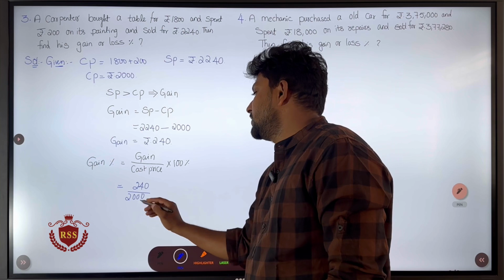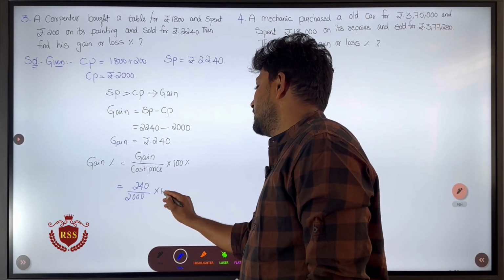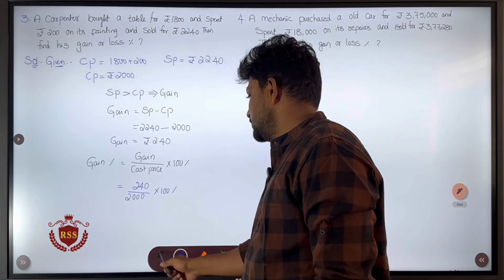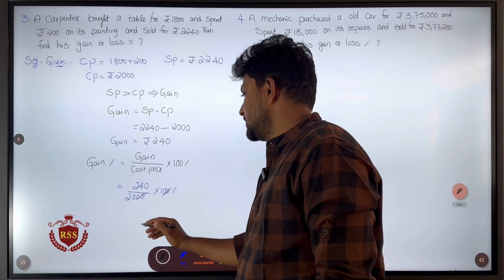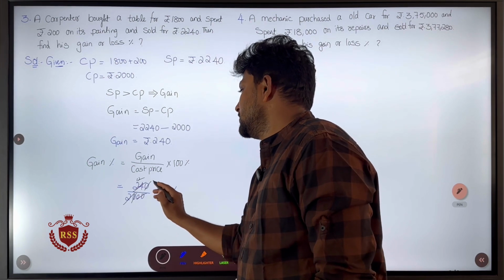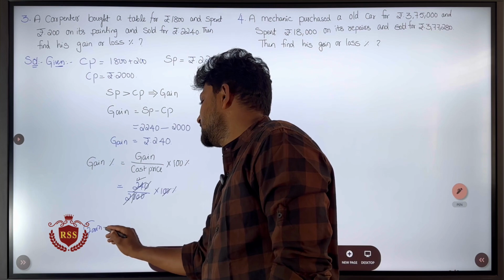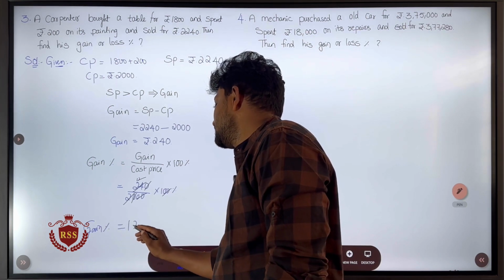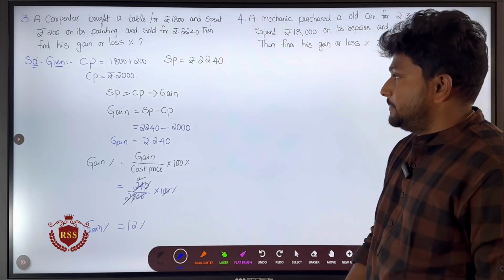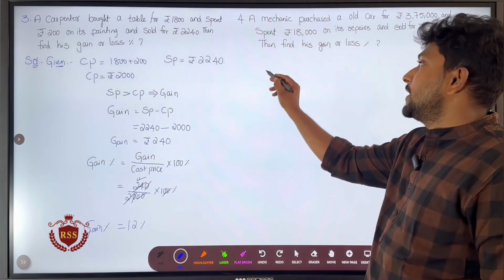So we have to include the total cost price, including the charges, into 100%. Zeros cancel out, and we get 12. So gain percentage equals 12%. Gain is 12%. Like that we need to find the gain if we have overhead charges.